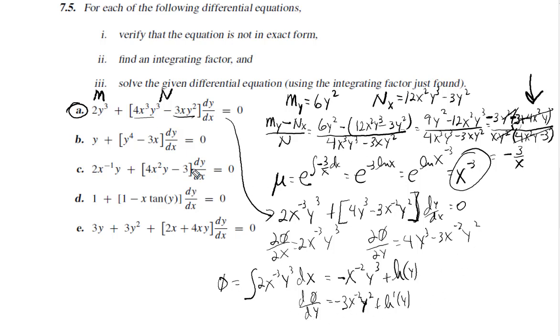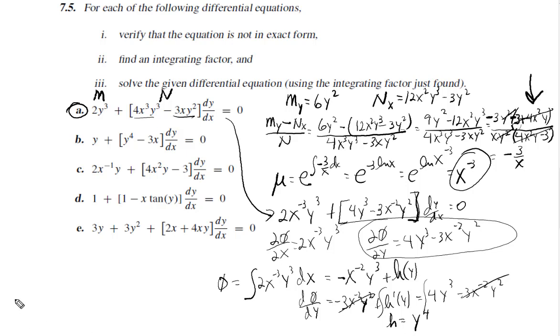We combine that with that, set them equal to each other, and as you can see, that's going to subtract out. We get h prime of y equals 4y cubed, which when we integrate that would give us h equals 4y to the 4 over 4, which is just y to the 4.